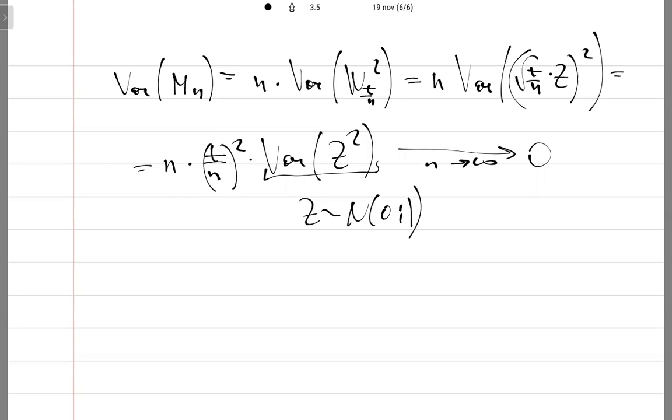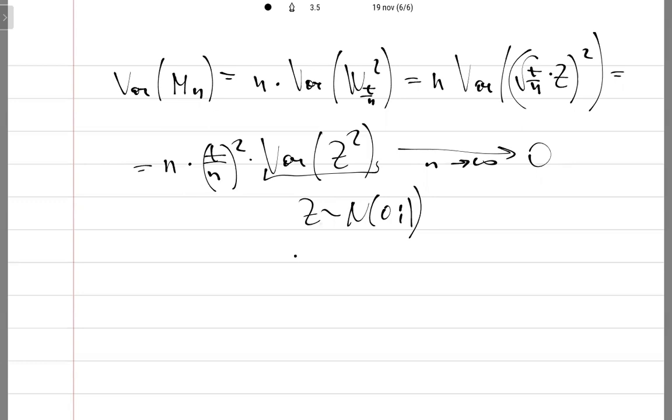But how is it possible to find the value of the variance of Z squared? You may just integrate, or we will provide you another way using Ito's lemma. There are many ways to calculate this value. The most basic, I think, is to just integrate.